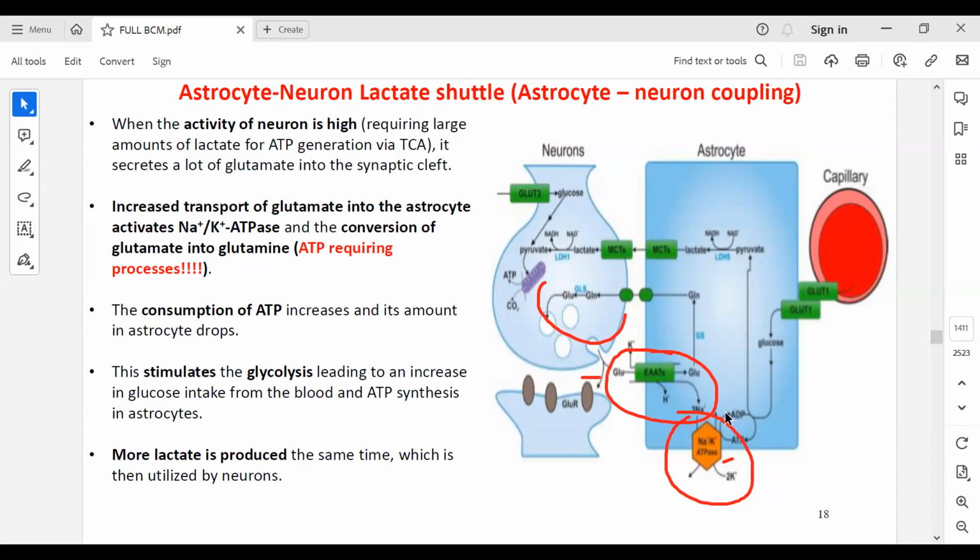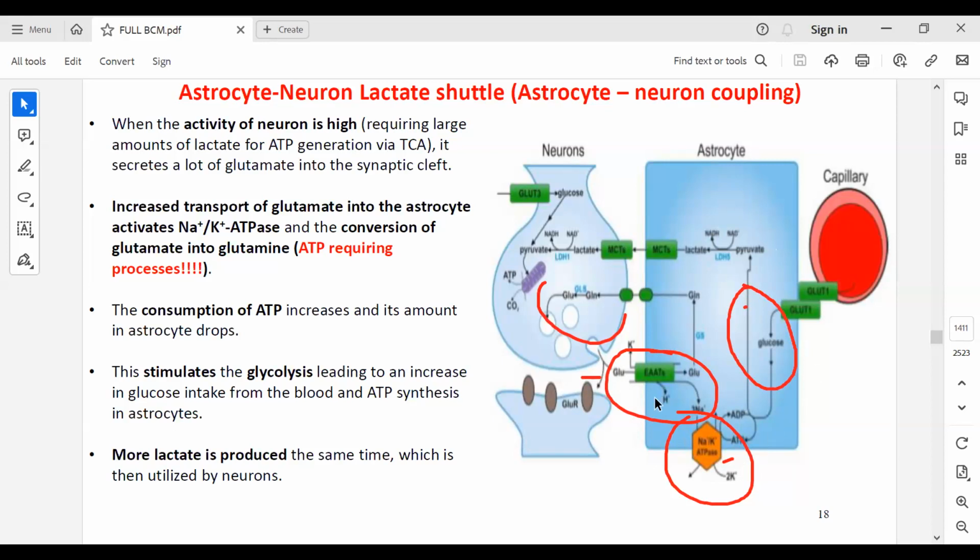So this sodium potassium channel will require ATP, because it needs to balance out the sodium which comes in and the potassium which goes out. That will stimulate the astrocytes to produce more ATP by glycolysis.